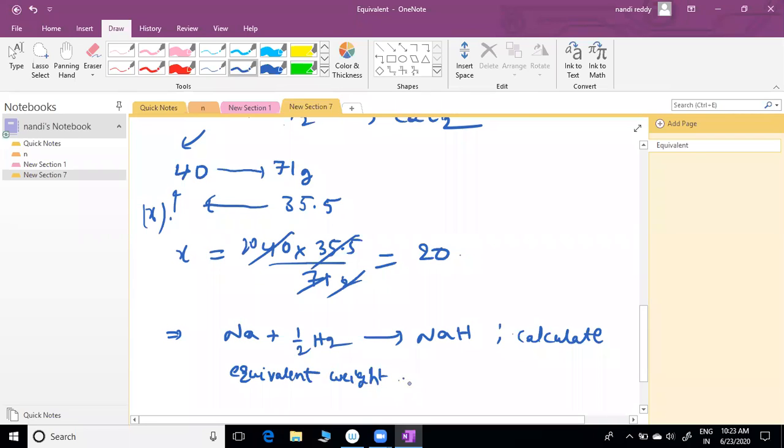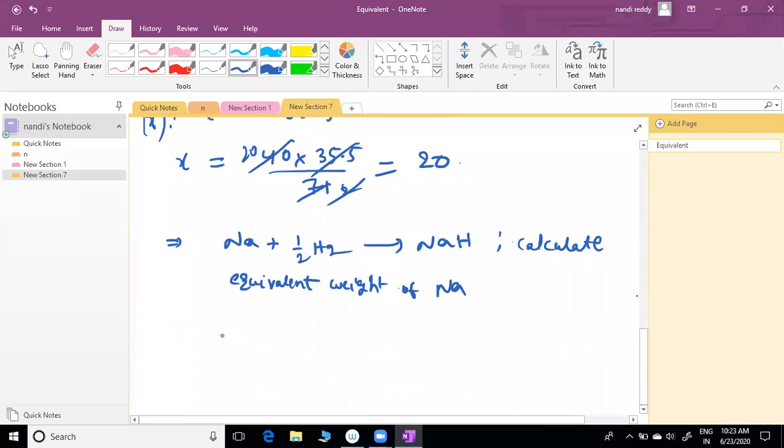So here we can write sodium, Na plus half H2, gives NaH. 23 grams combined with how much, sir? Half H2 means 1 gram.